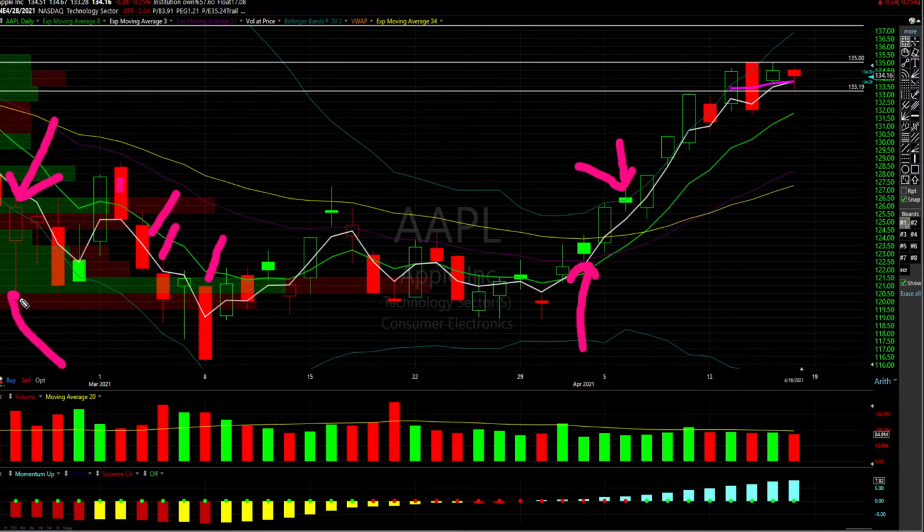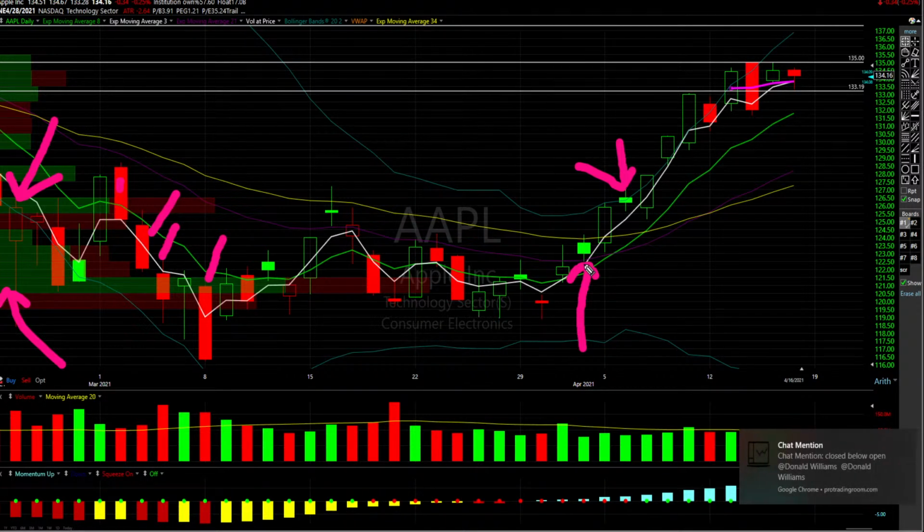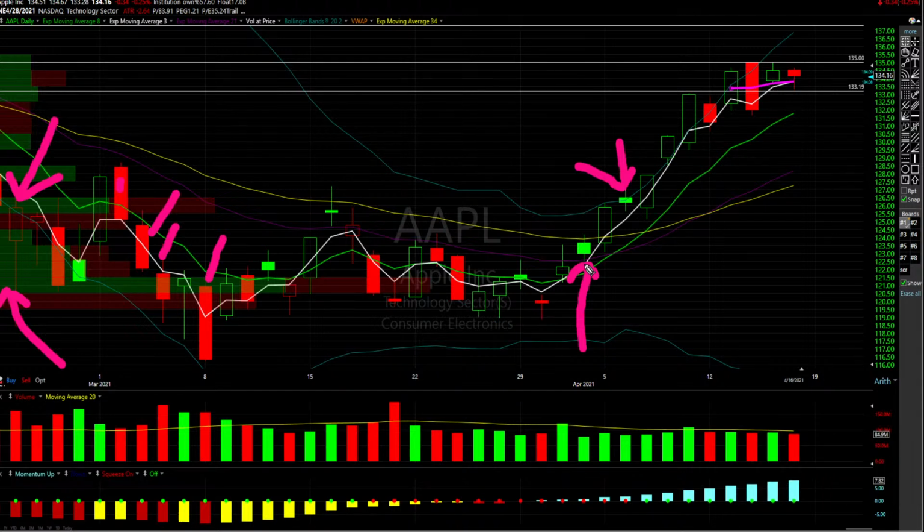So, why is this one hollow and why is this one filled? Yeah, exactly. So, it opened up higher, but it went lower, right? And on this one, it opened up lower and went higher.